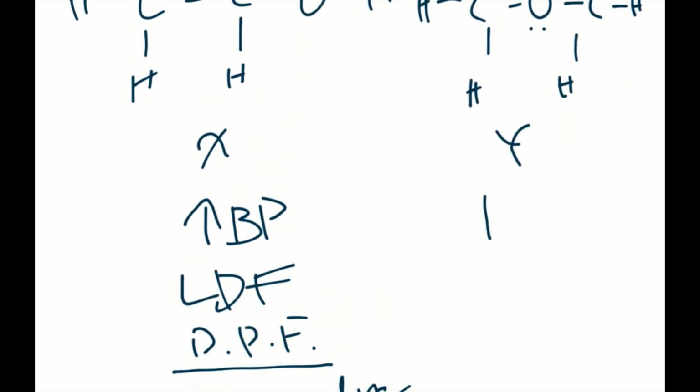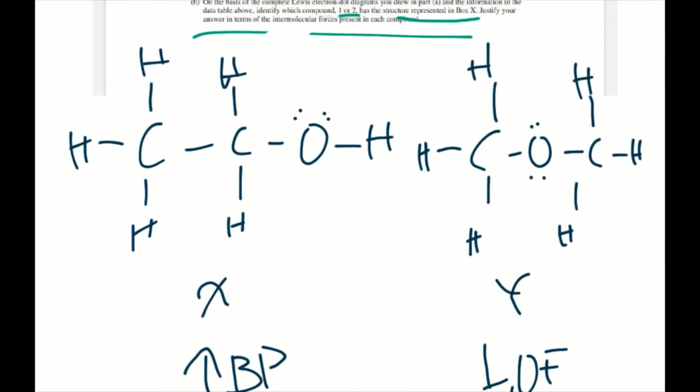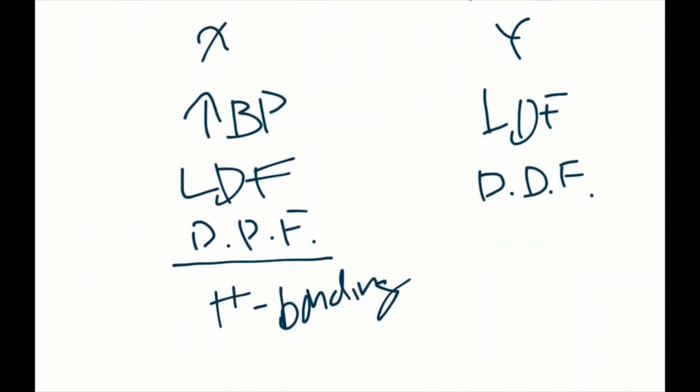This one definitely has LDF and dipole-dipole forces, since if you think about it, this molecule is actually bent, and if we draw it like this, and let's just make it bent so that you can clearly see that it is bent based on the electron geometry, then you notice how the bond dipoles are like that and the net dipole goes up, and thus this has dipole-dipole forces.